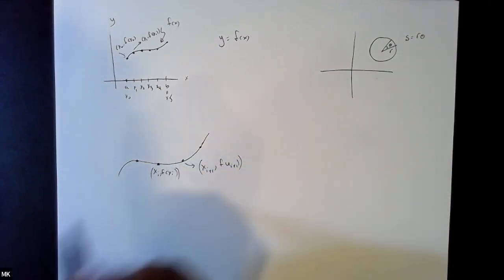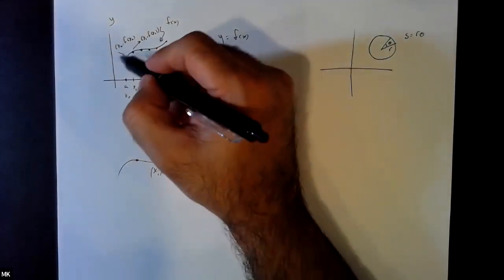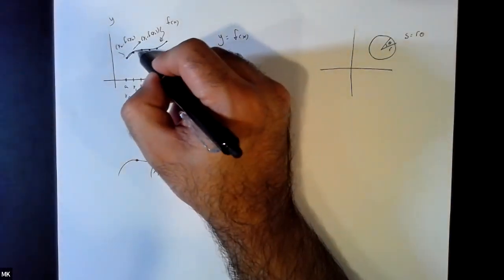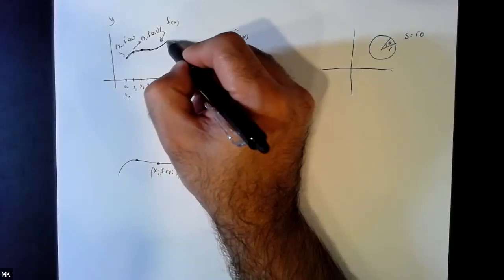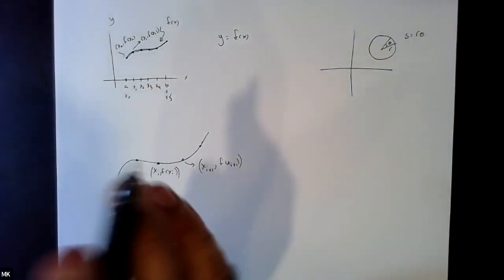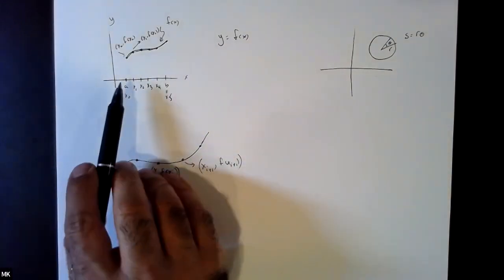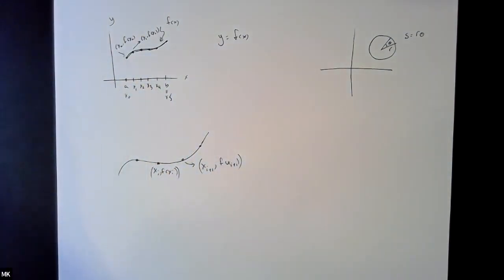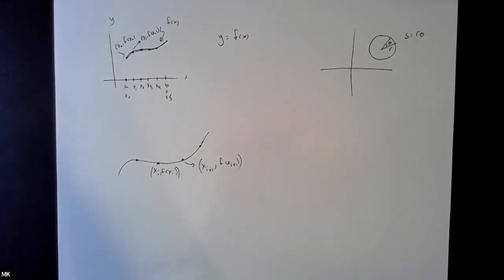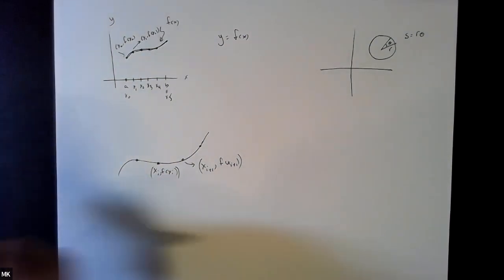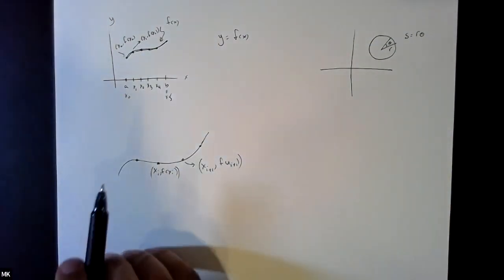And you want to find the arc length. What we do is connect these dots with straight lines, and then calculate the total length of that. And then we take the limit as n goes to infinity of the sum of those lengths.